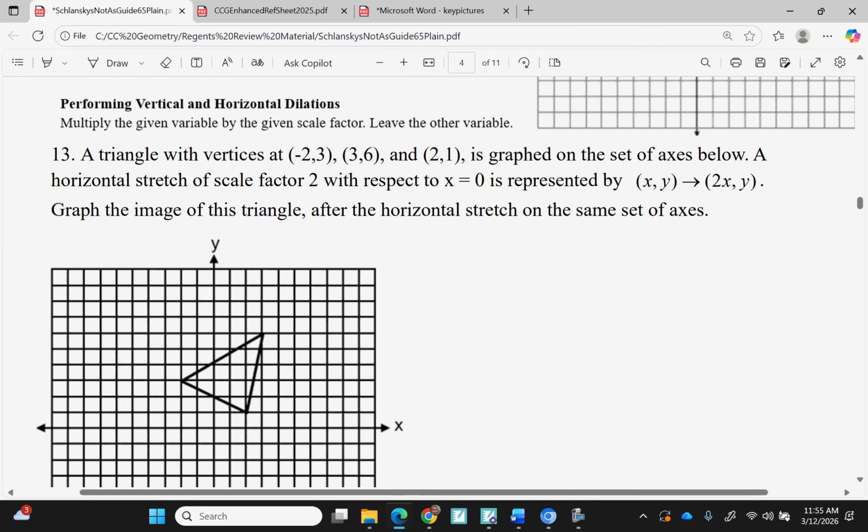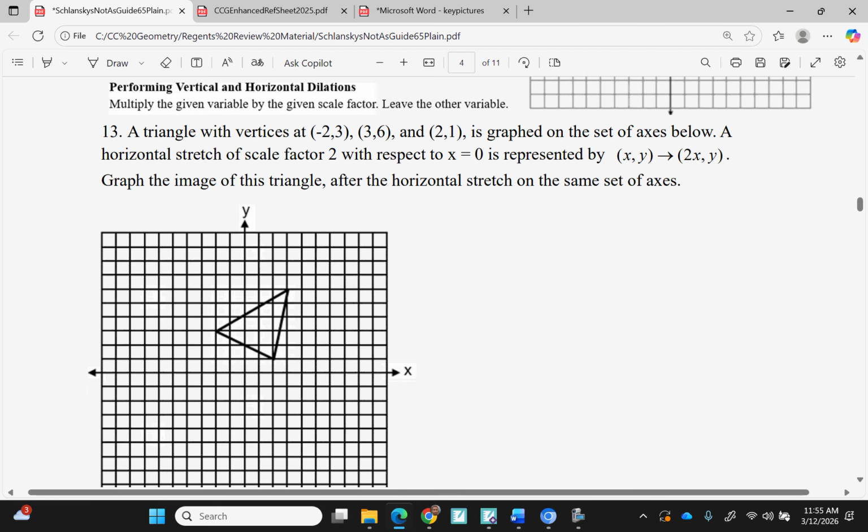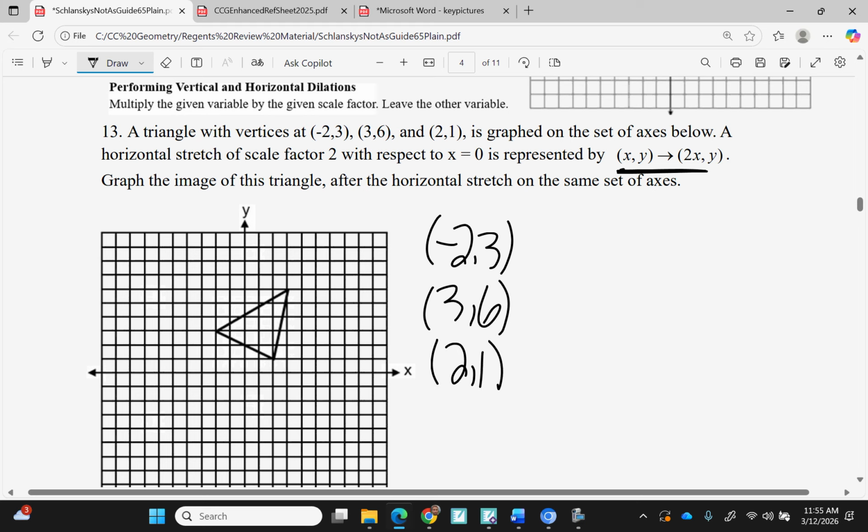Performing a vertical and horizontal stretch. Well, it's all about this right here. If it says that xy becomes 2x comma y, we're just going to apply that rule. So my points are -2, 3, 3, 6, 2, 1, and I want to apply the rule 2x comma y.